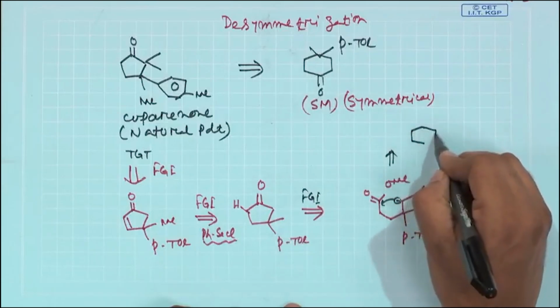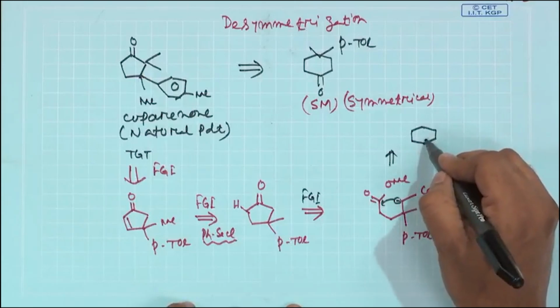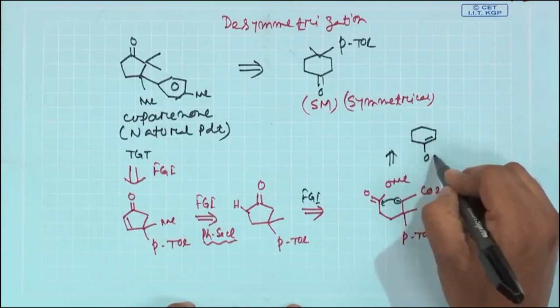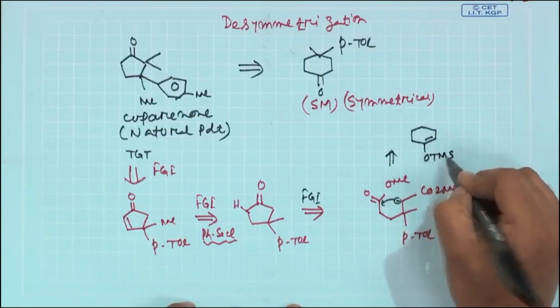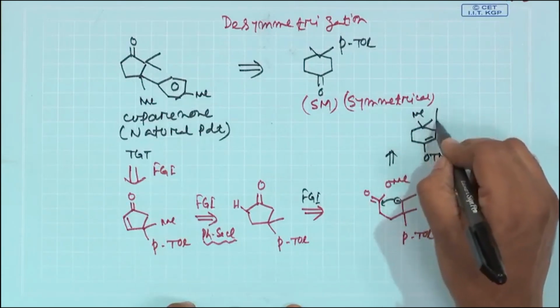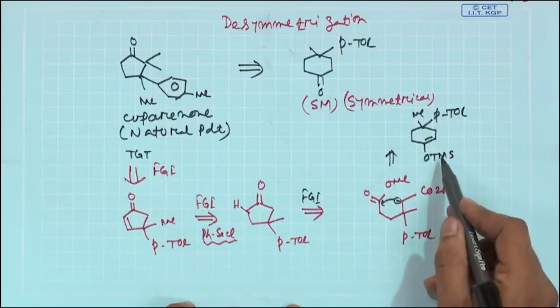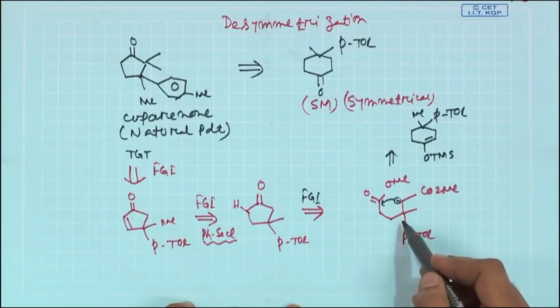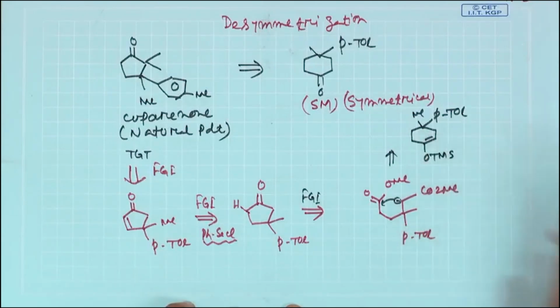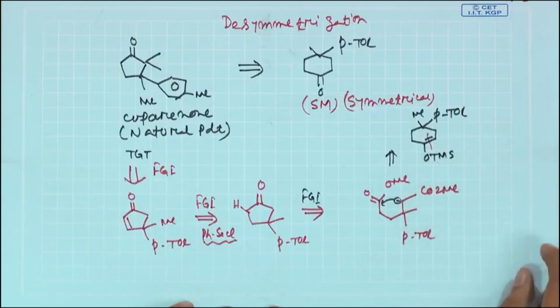Now I am trying to find an intermediate, and if you have this intermediate, this can easily be converted to this diester by a simple oxidative cleavage of this double bond here.